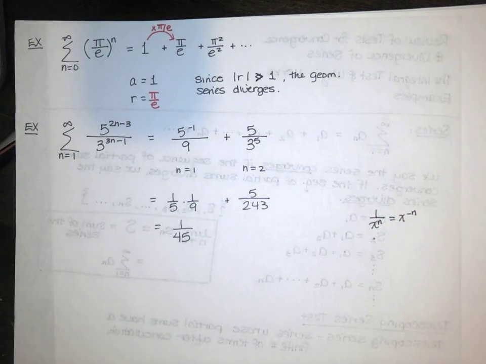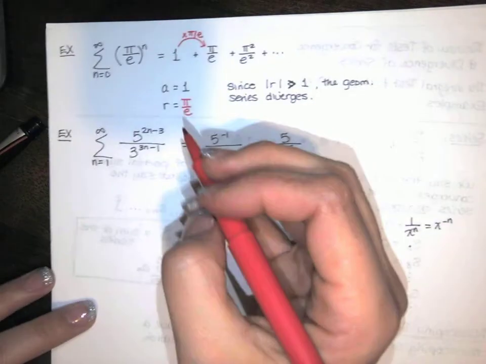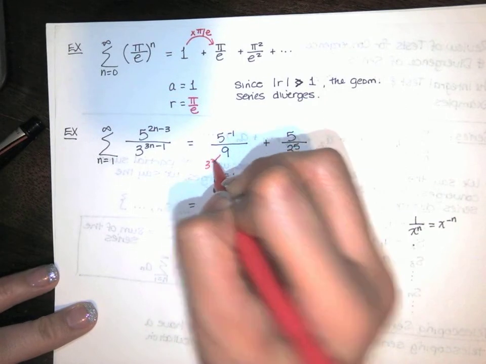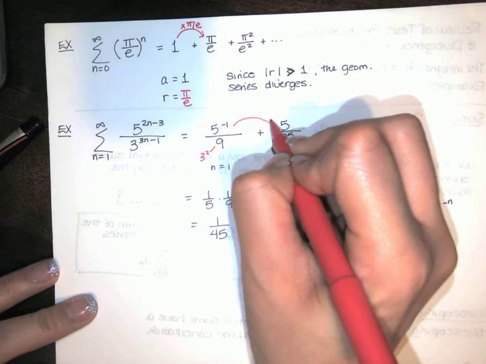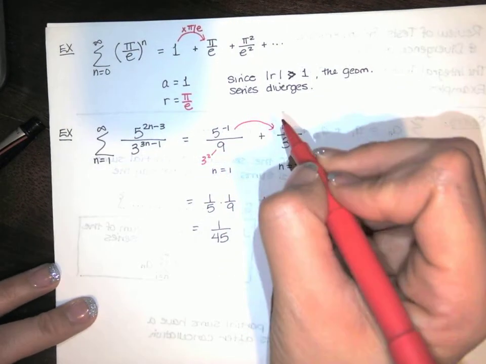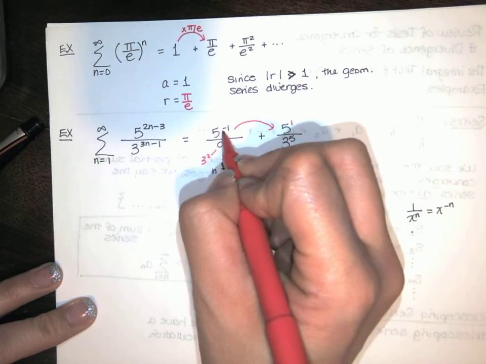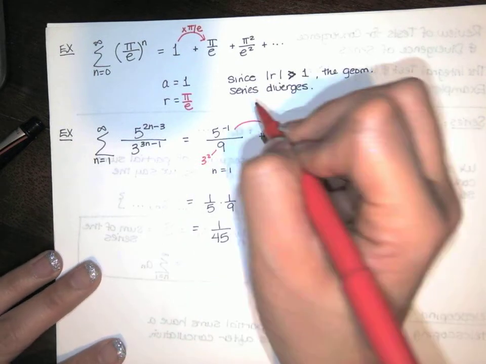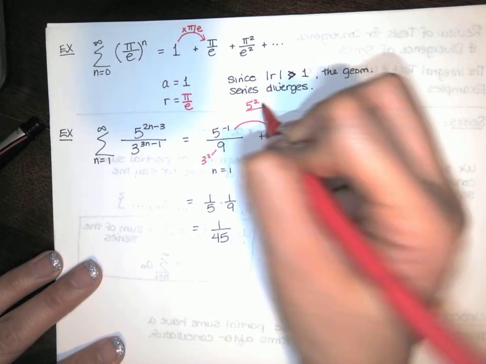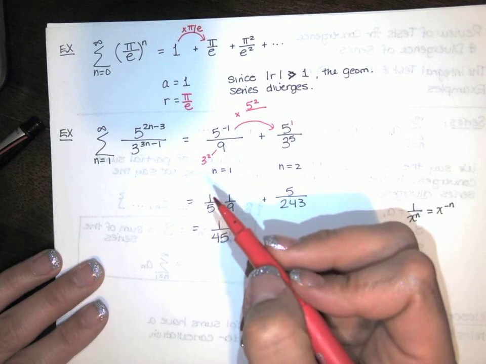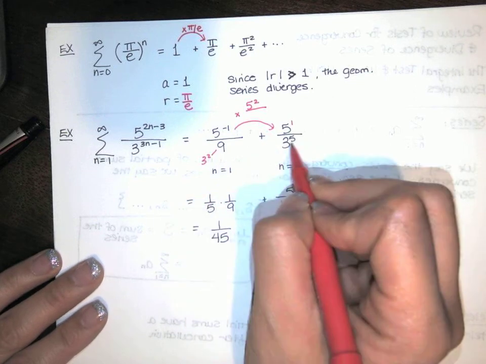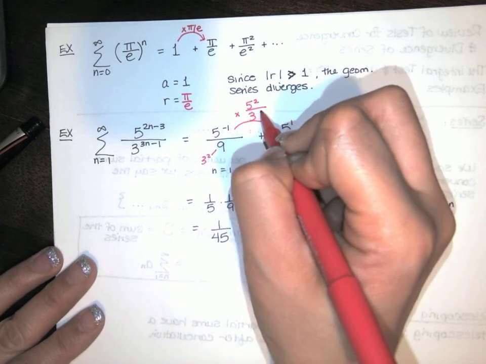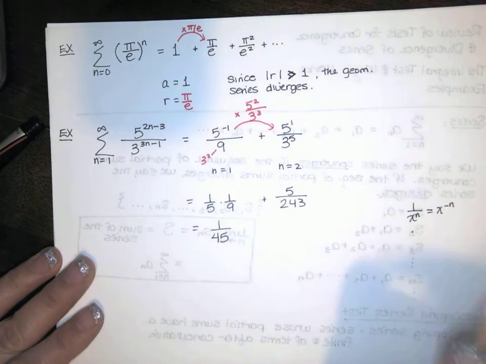But it's probably more helpful to think of it this way. This is 3 squared. To get from here to here, I'm multiplying by, to get from 5 to the negative 1 to 5 to the first, I have to multiply by 5 squared. And to get from 3 squared to 3 to the 5th, I have to multiply by 3 cubed because there are 3 3's missing.